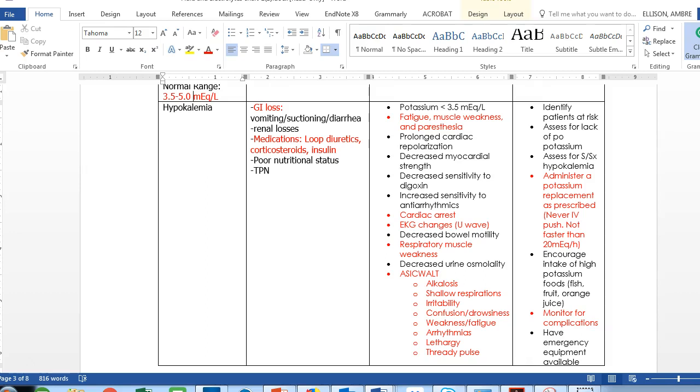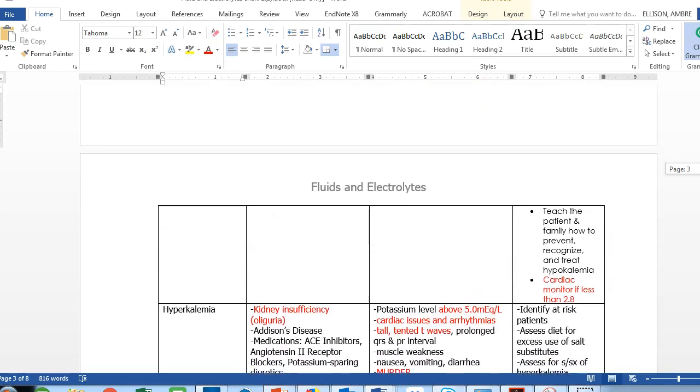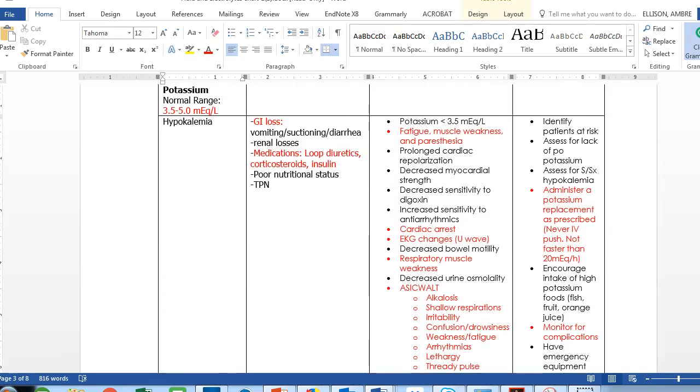You also don't want to give IV potassium sub-Q or IM. Don't want to give it faster than 20 milliequivalents per hour, and you're going to monitor for any complications at the IV site because IV potassium burns, and patients complain of it.